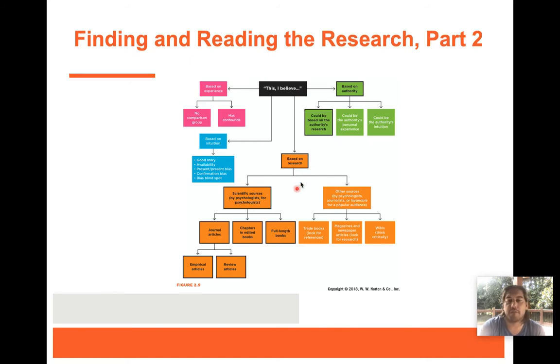However, then we have a whole series of research-based claims. Research claims can come from scientific sources, and we'll discuss the various types of those scientific sources here. And research claims can come from non-scientific sources, basically journalists, magazines, wikis, those sorts of things.